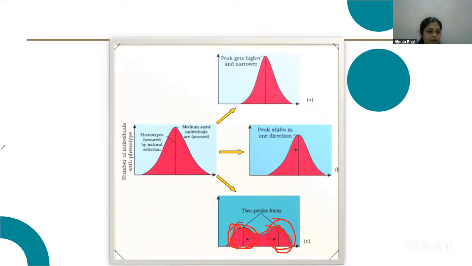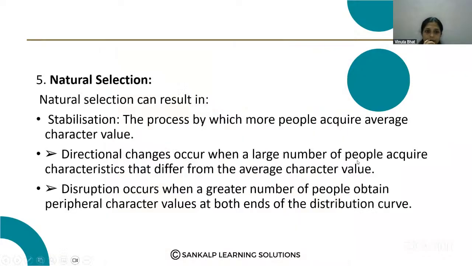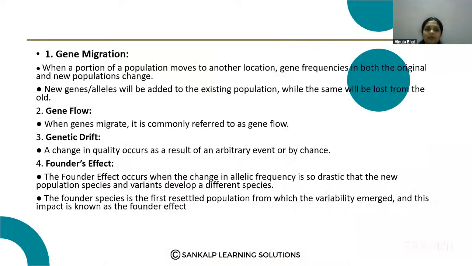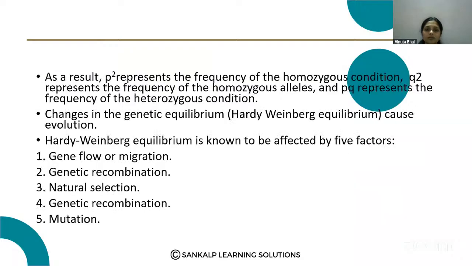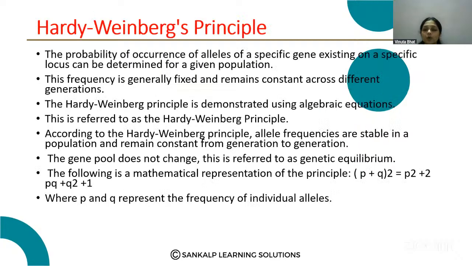So two characters that you can observe in the particular population. So these are the five factors that affect the Hardy-Weinberg principle, and what is the algebraic form of the Hardy-Weinberg principle, and what is the definition of the Hardy-Weinberg principle. All these things are very important.